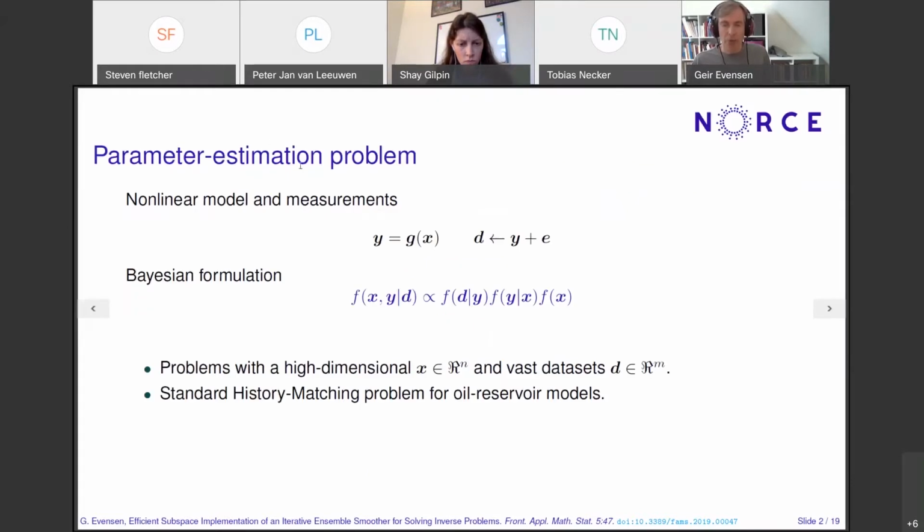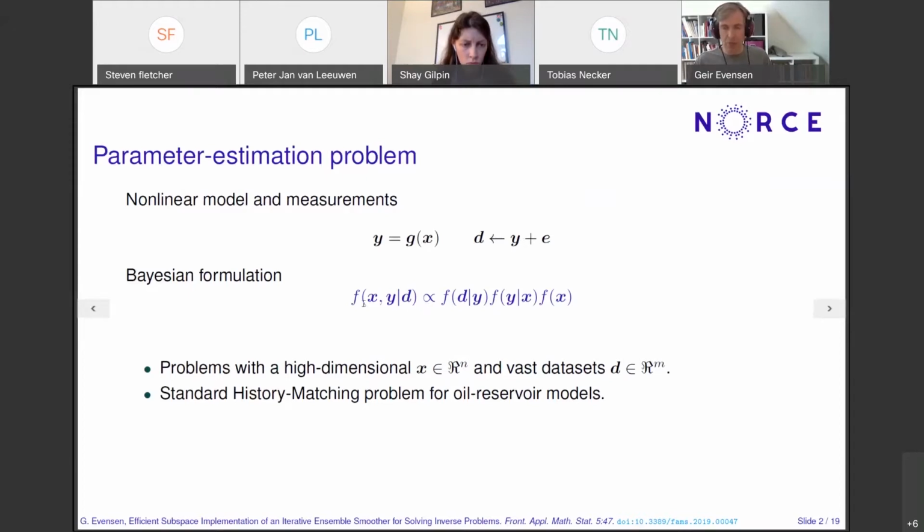So the problem I'm interested in is the parameter estimation problem. We have some nonlinear model that maps a set of input parameters to predicted measurements, and then, of course, we observe these predicted measurements with some errors. And we can use a Bayesian formulation for this problem.